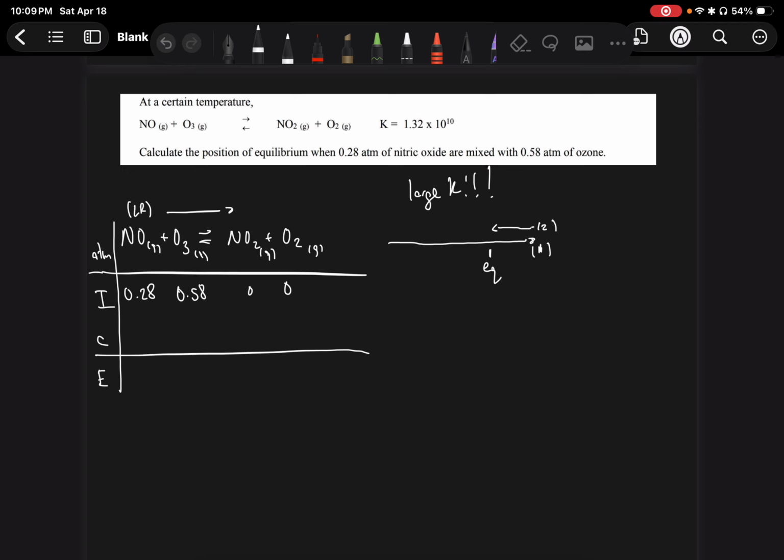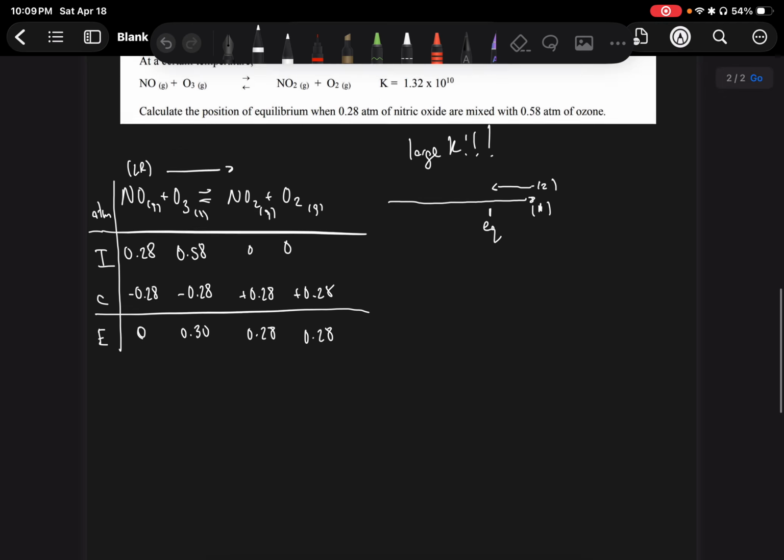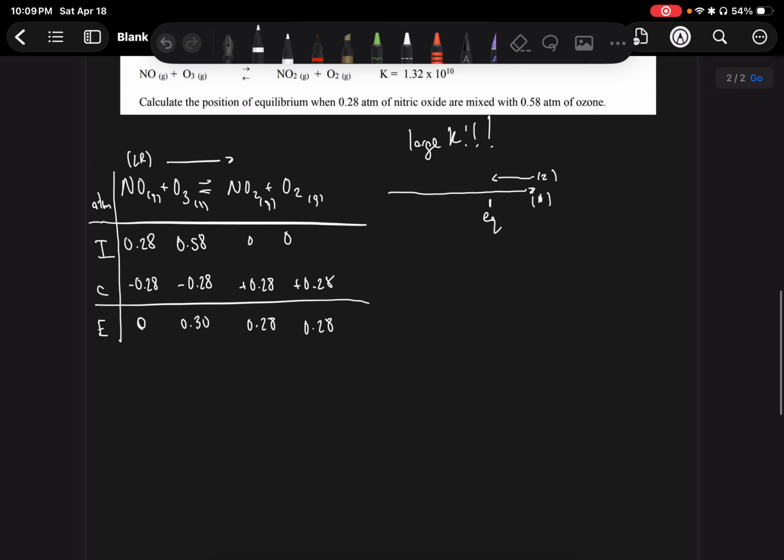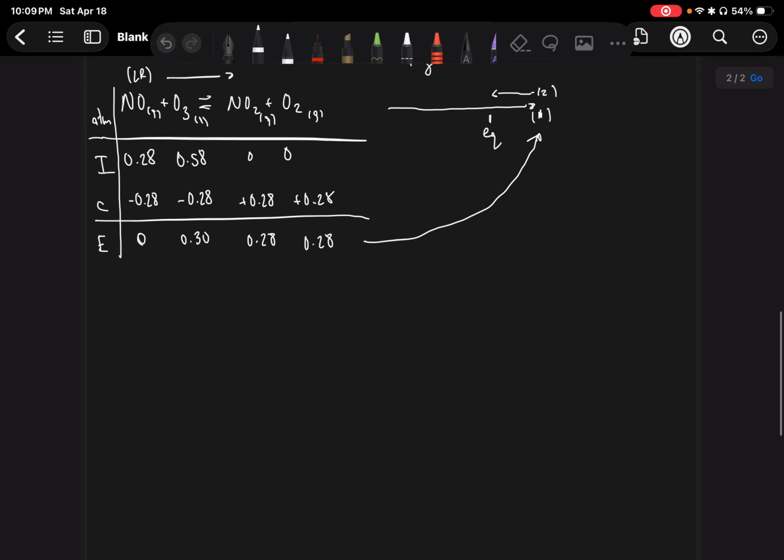Nitric oxide. So this is the new initial, this is where we're at right now. So now we need to go backwards, to the reverse reaction.